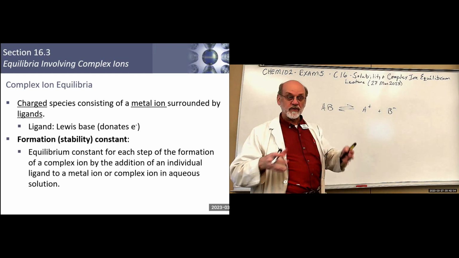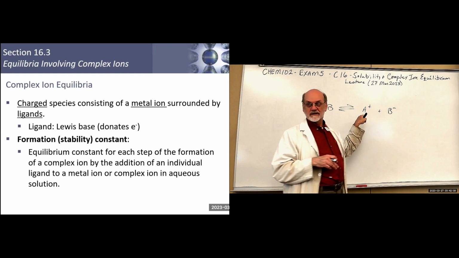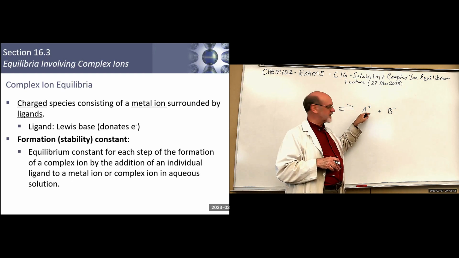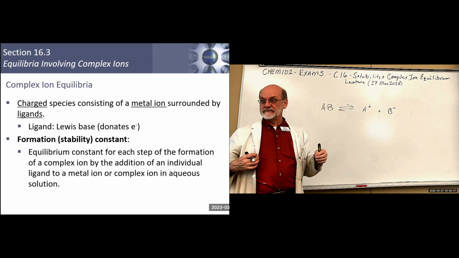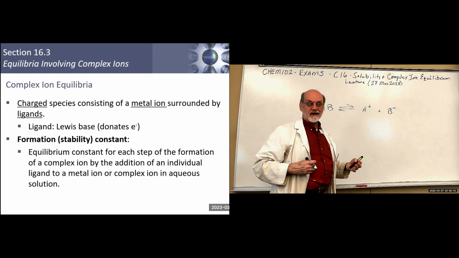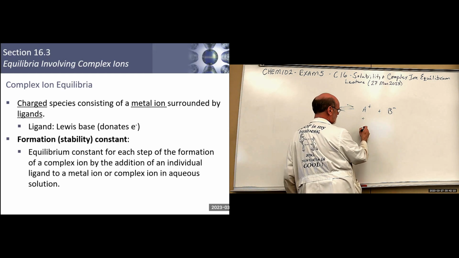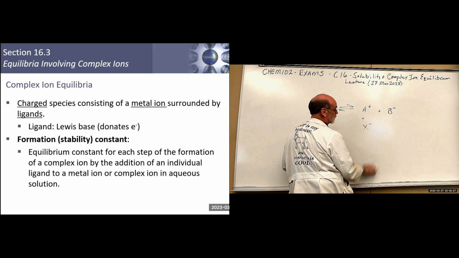So we need another approach. Instead of attacking that one, now we're going to attack this one. Get this into solution by converting that into something that removes it from that equilibrium. And that's where we form the complex ion. So you just have something down here with some anion, or it could be neutral.